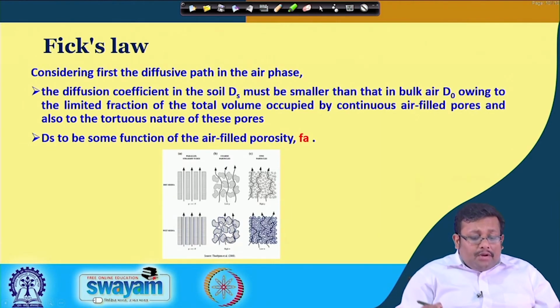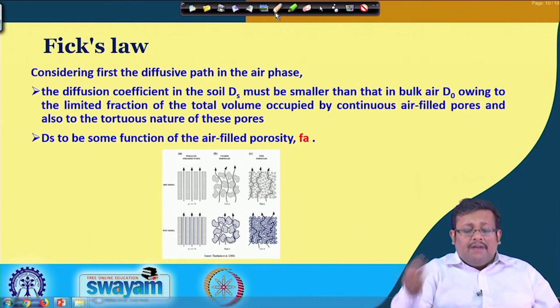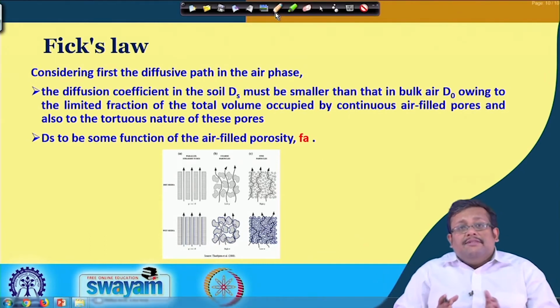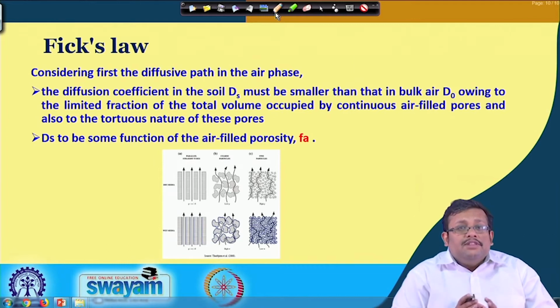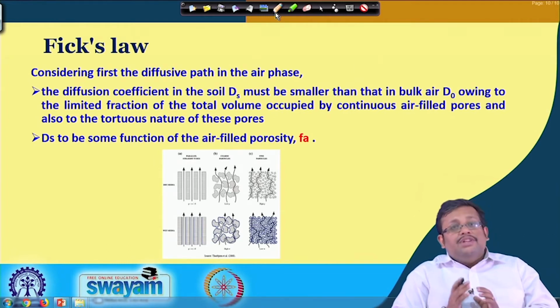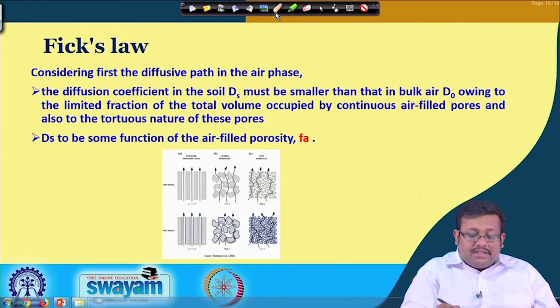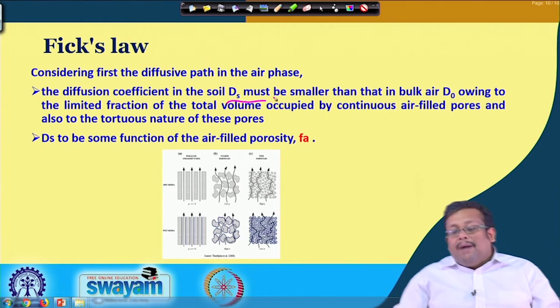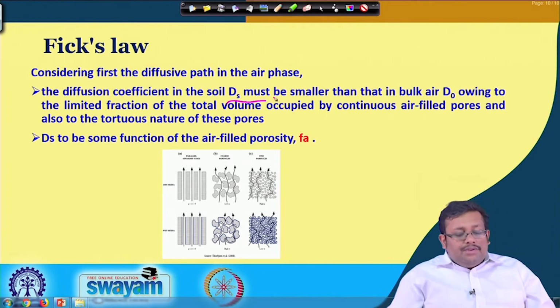Let us see what are the further modifications of Fick's law. If you consider first the diffusive path in the air phase, the diffusion coefficient in Fick's law, that is Ds, must be smaller than that of the bulk air, D0, owing to the limited fraction of the total volume occupied by the continuous air filled pores and also the tortuous nature of those pores.